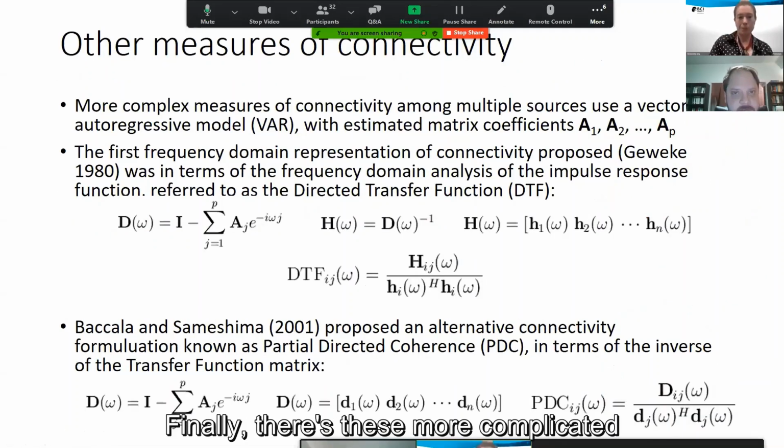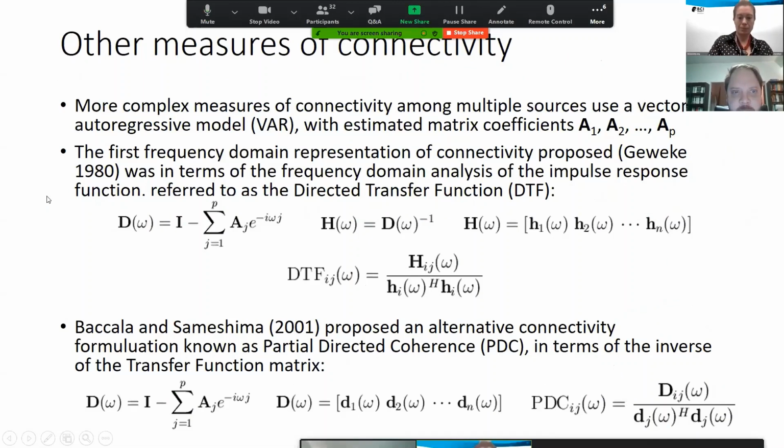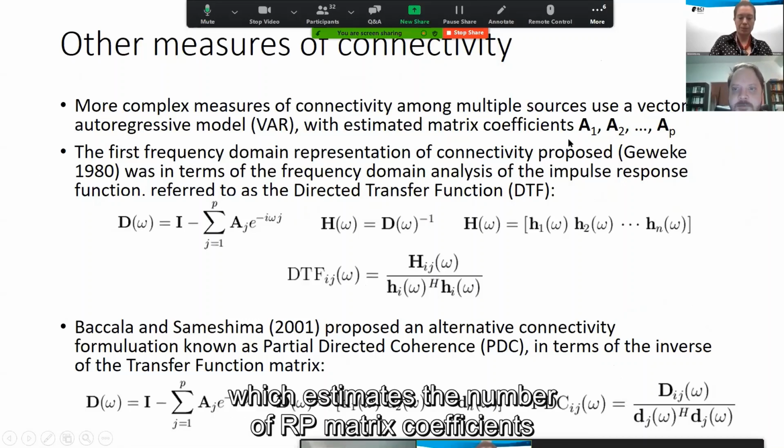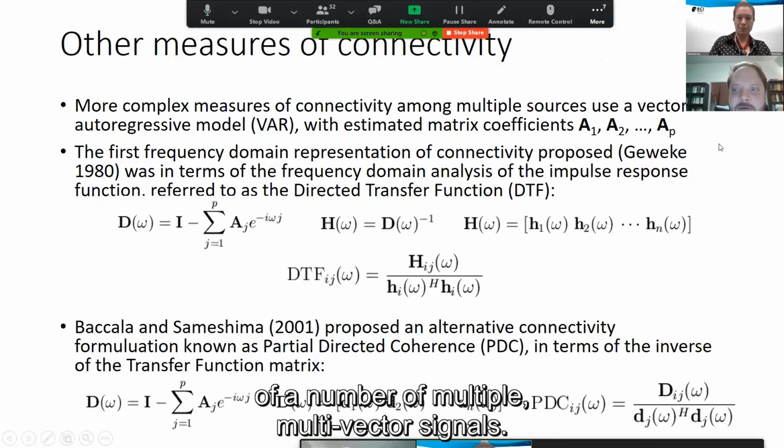Finally, there are more complicated connectivity measures based on multivariate autoregressive or vector autoregressive modeling, which estimates P matrix coefficients representing the connectivity of multiple vector signals.